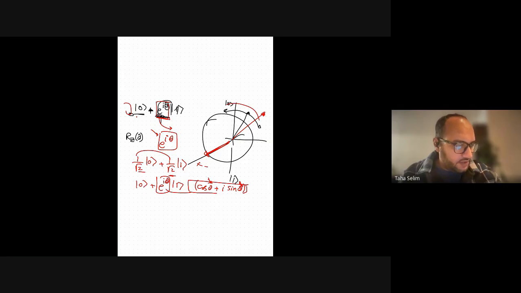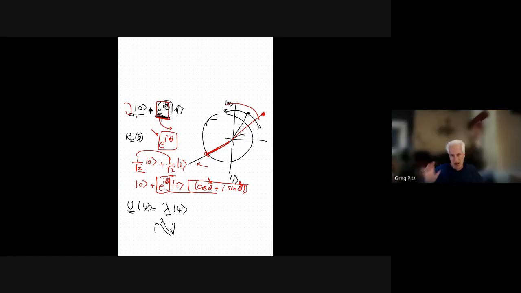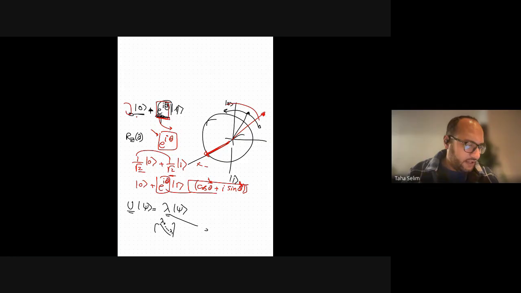So if I have an eigenvalue problem, this could be a diagonal matrix. And the eigenvalue is the phase, right? Yeah, I can represent it as a phase.